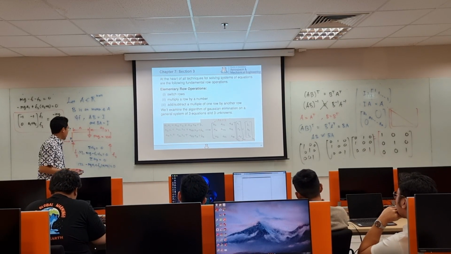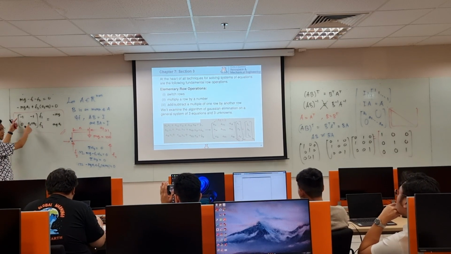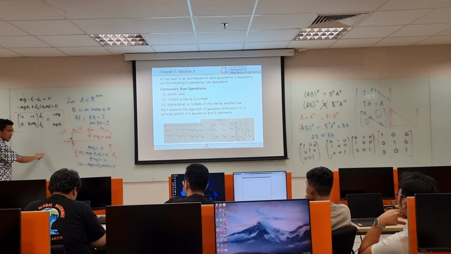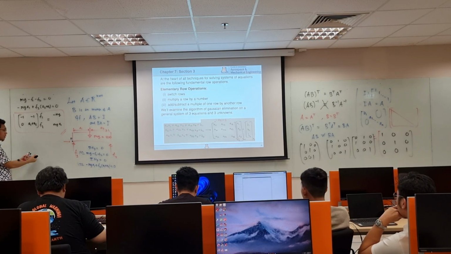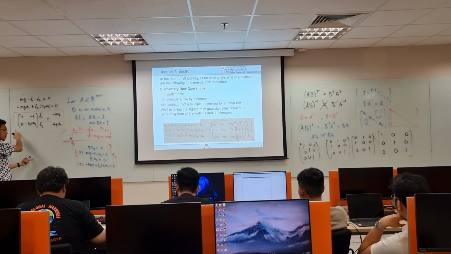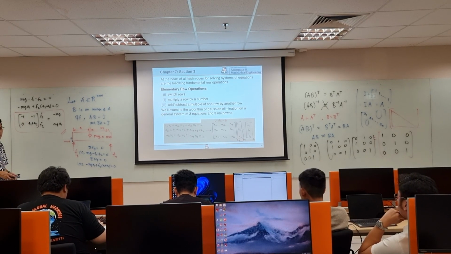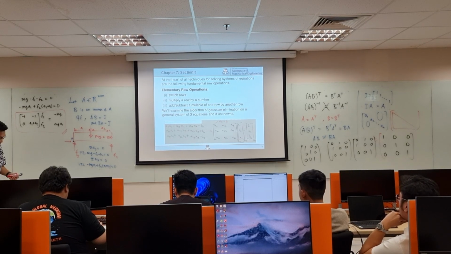Once you get the upper triangular matrix form, you can just compute the last variable, and then substitute back to the upper part, going all the way up to the first part. You get what I mean?